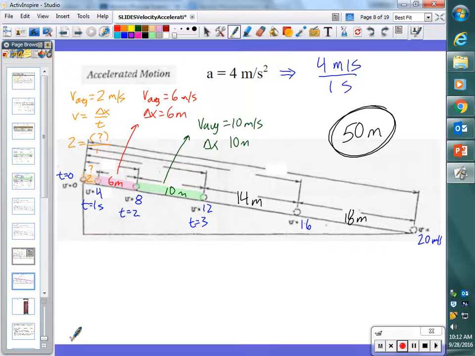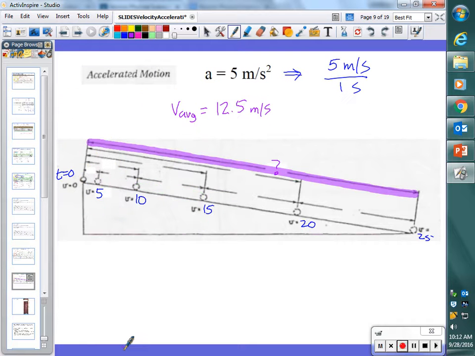Here, the first interval we did on the previous picture, we added 0 and 4 and divided by 2. Here, I'm going to add 0 and 25, and then divide by 2. And I get average velocity at 12.5. Does that make sense?